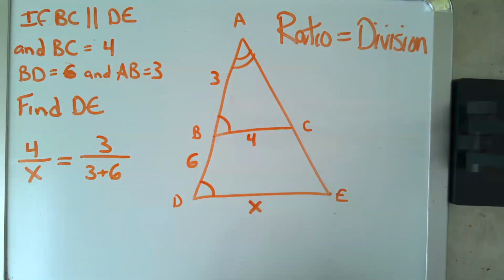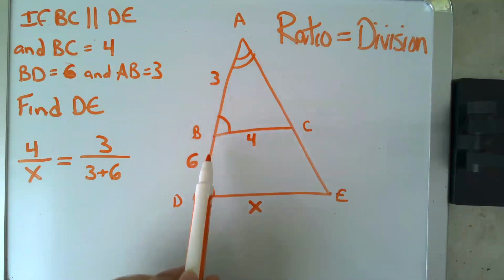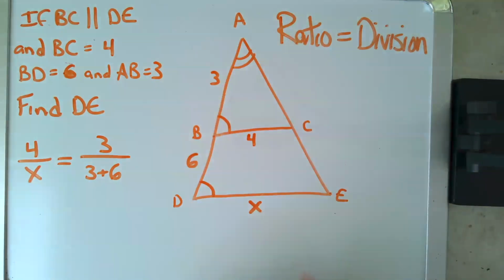Now, this is a common mistake students make. They go 3 to 6. Well, 6 isn't the full side in the big triangle, so just take care. It's an easy slip up to make, so just be aware of it. Okay, so now I can simplify that to this, and now here's the next thing to remember.